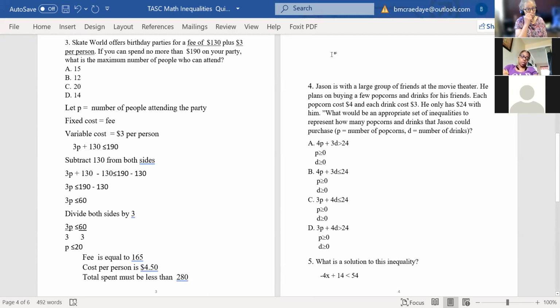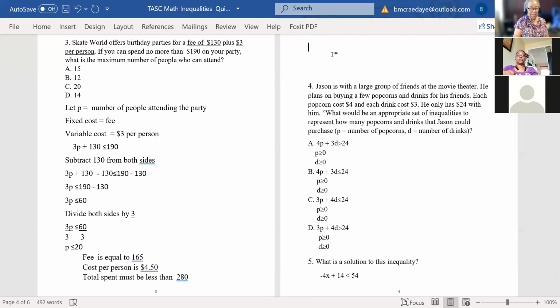Okay, because I want you to find what's the maximum number of people who can attend. That means you've got to set up the inequality. Maureen, you have the inequality set up?